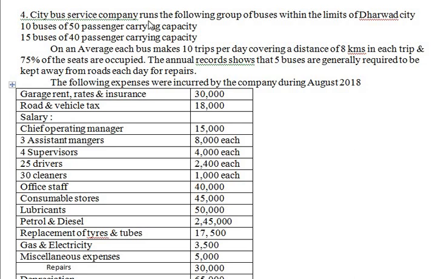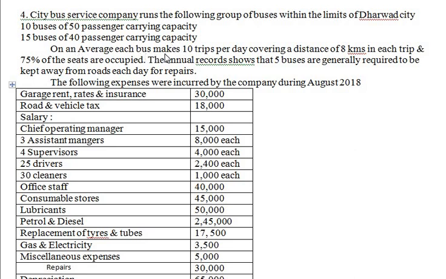City Bus Service Company runs the following group of buses within the limits of Dharwad city: 10 buses of 50 passengers carrying capacity, 15 buses of 40 passengers carrying capacity.